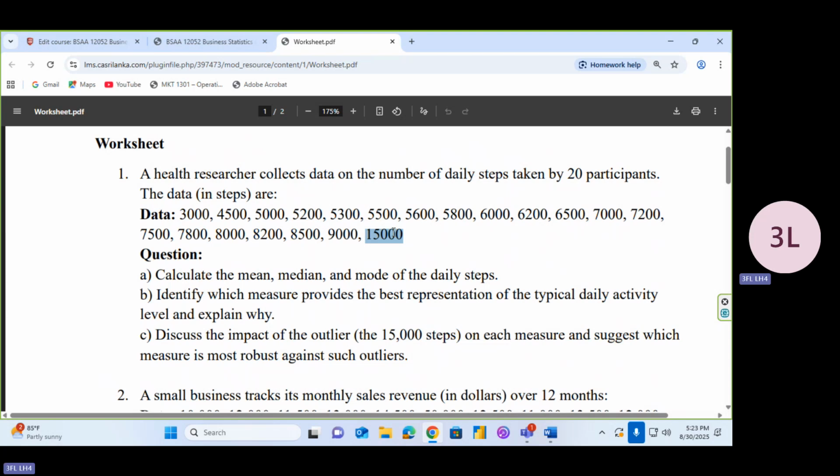At that time, we cannot use the mean value to represent the central point. It's clear? When there are outliers in a data set, we do not use the average, the mean, to represent it. Then we can use the median as the best measure. Now clear? Okay?